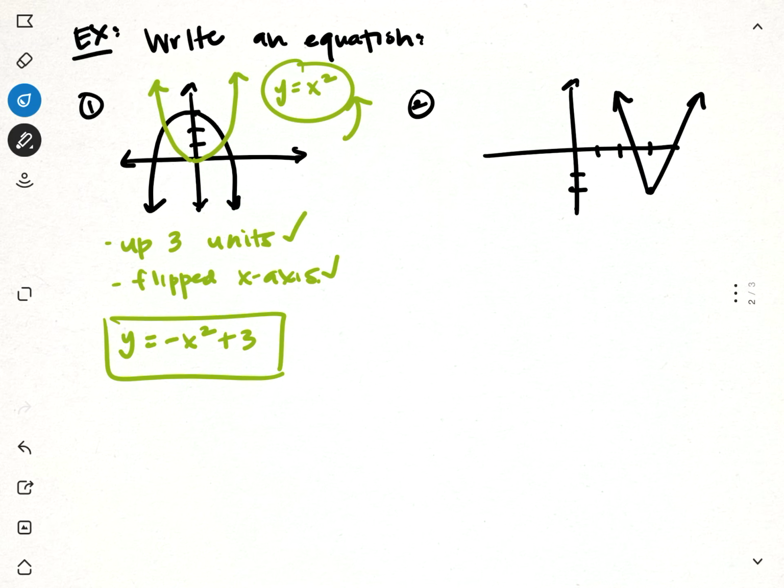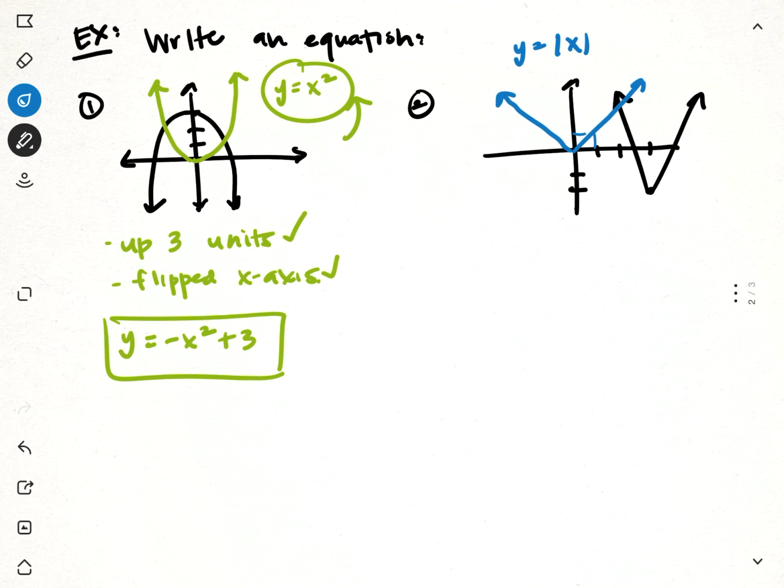So if we're looking at this next one, this is definitely an absolute value of x, right? What we know about the absolute value of x is that it's based at the origin. The vertex is at the origin, and the slope, if we look here, is going to be 1.